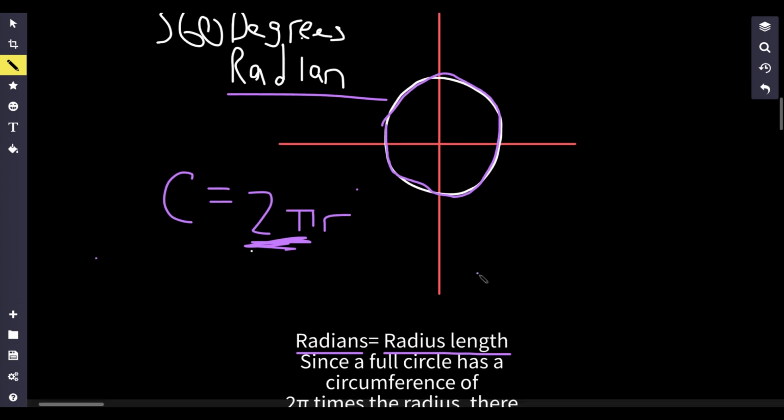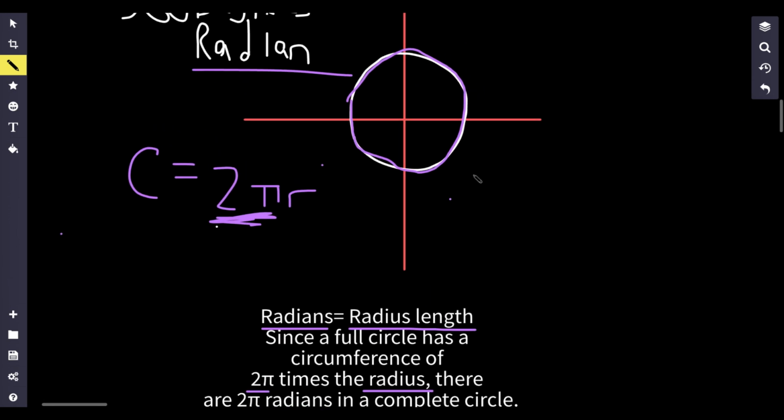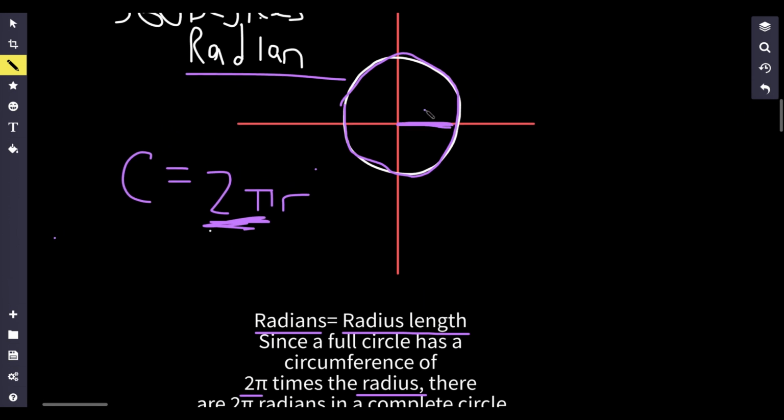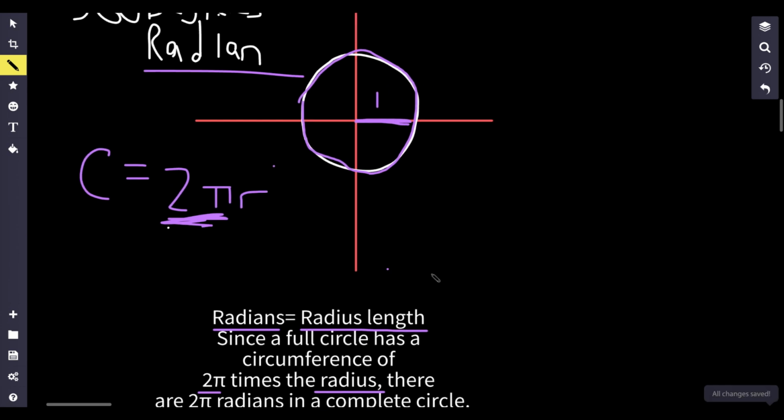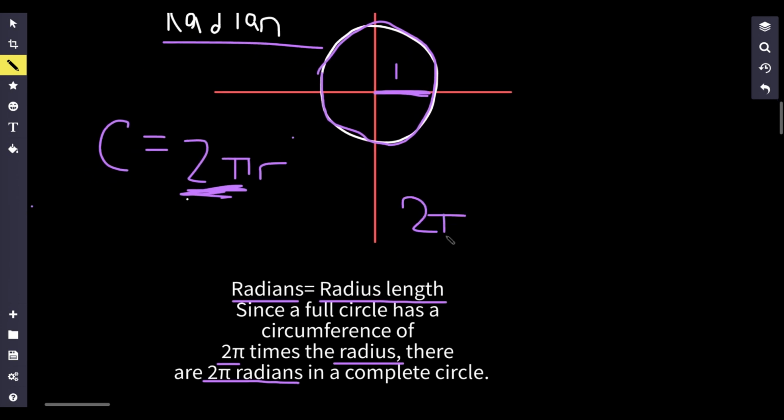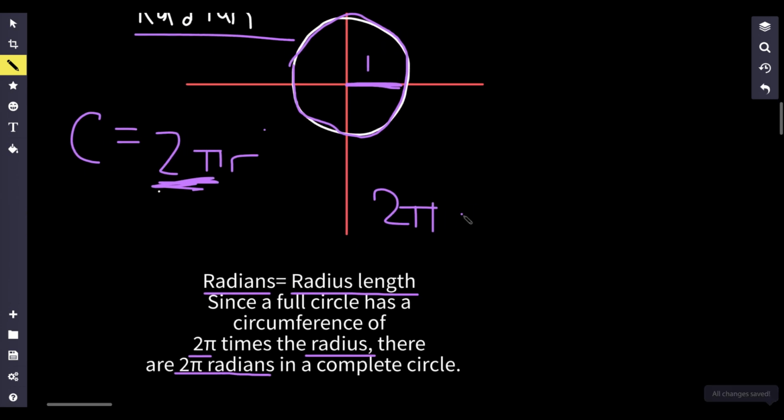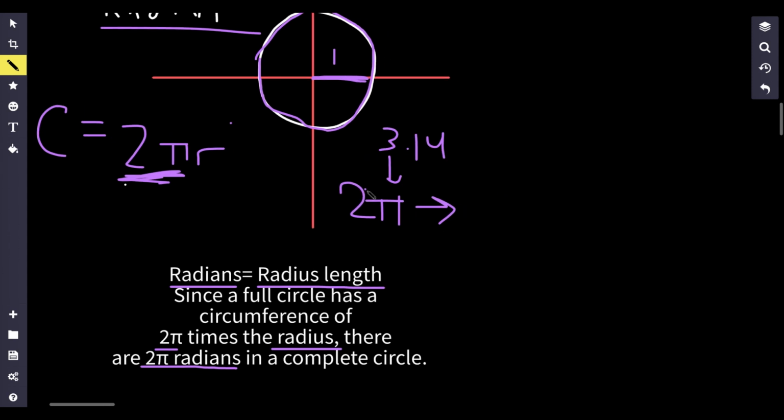So in this circle right over here, let's say the radius of my circle is 1. Now, if I took 2 pi radius lengths, so 2 times pi, we know pi is about 3.14, so 2 times 3.14 is 6.28.